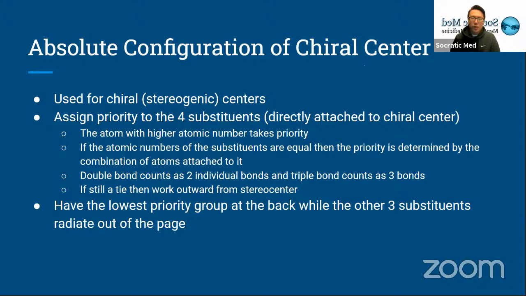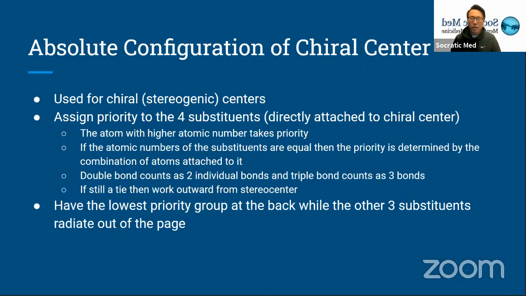So usually what I do is I have the lowest priority group in the back while the other 3 substituents radiate out of the page. I would give the 3 higher priority substituents either a solid line or a wedge line to signify that they're not pointing towards the back, but pointing either along the page or out of the page.